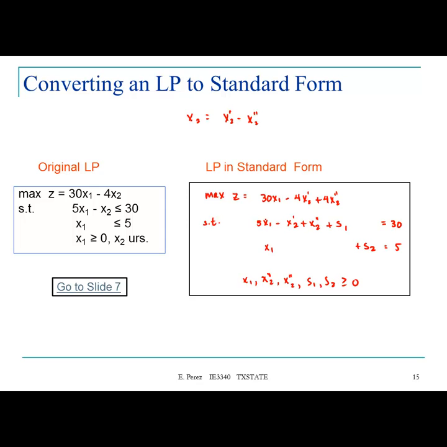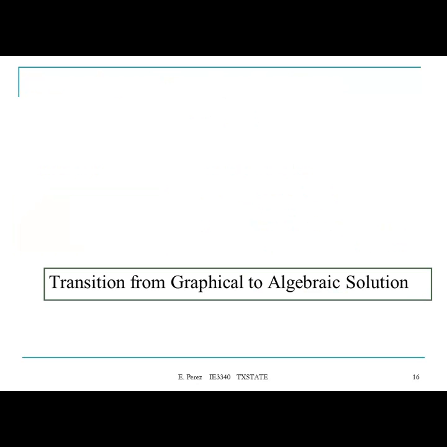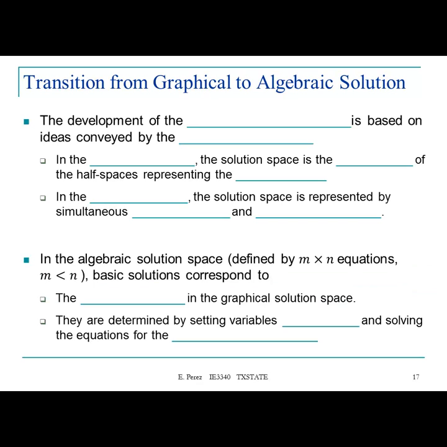So let's transition from the graphical solution to the algebraic method or the algebraic solution. The development of the algebraic simplex method is based on the ideas conveyed by the graphical LP solution. And you'll see how the solutions and the methods are related. In the graphical method, the solution space is the intersection of the half spaces representing the constraints.